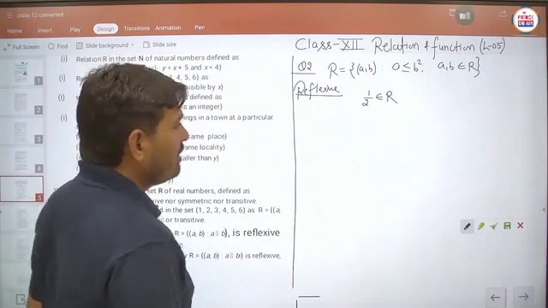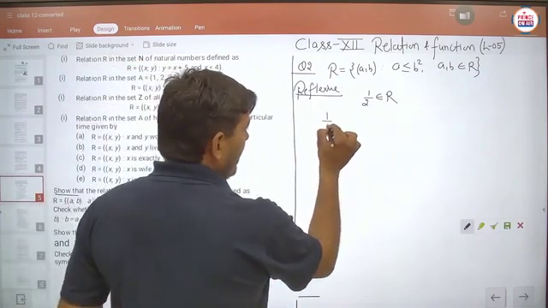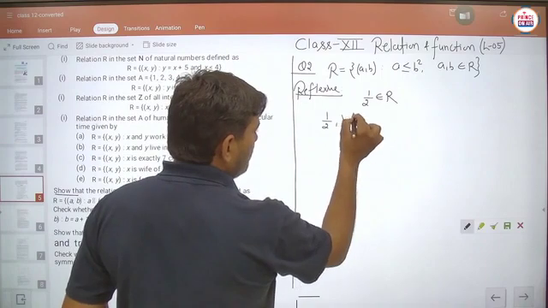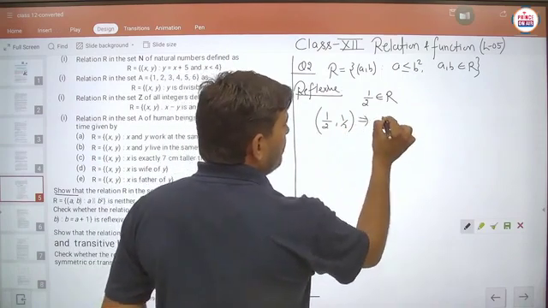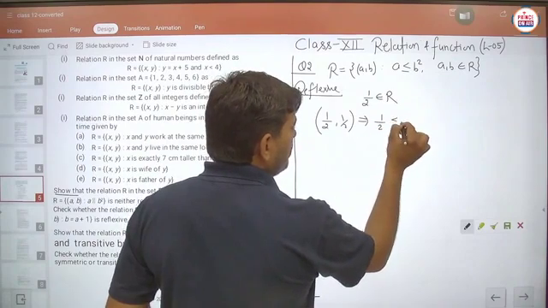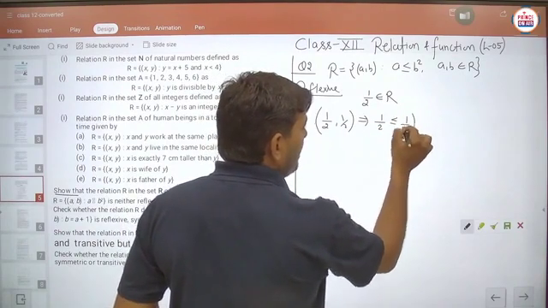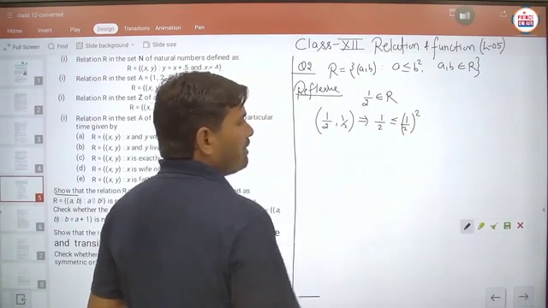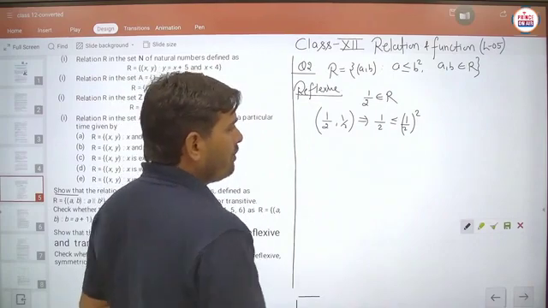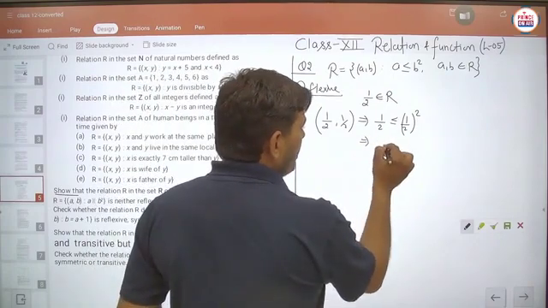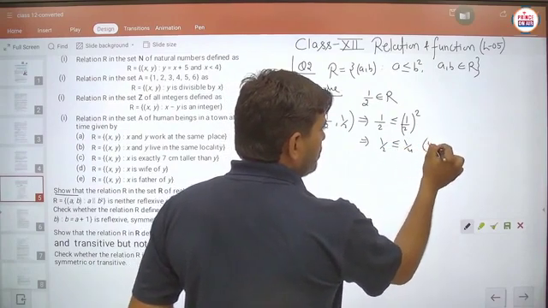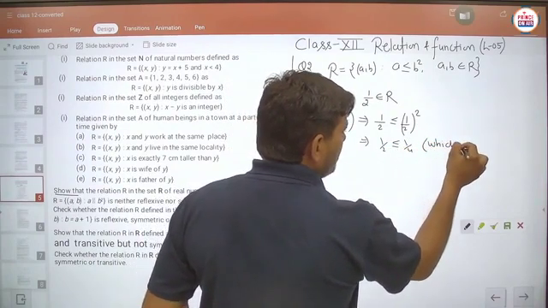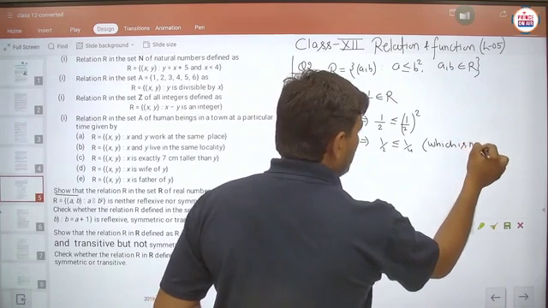Now we have to check (1/2, 1/2). This implies 1/2 is less than or equal to (1/2) whole square, and (1/2) whole square is 1/4. So 1/2 is less than or equal to 1/4, which is not true.